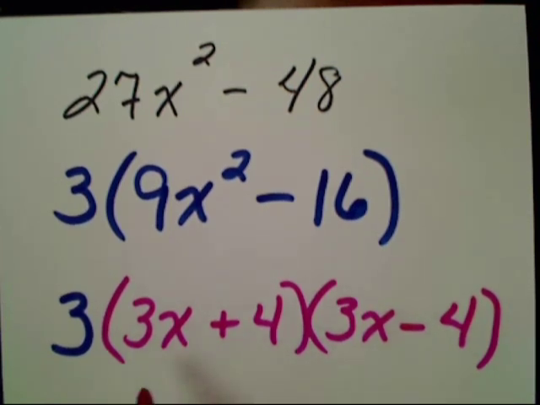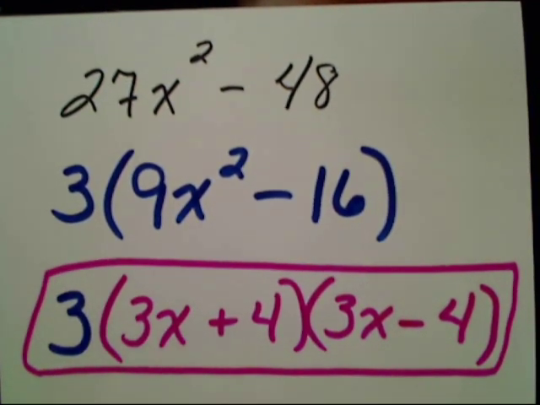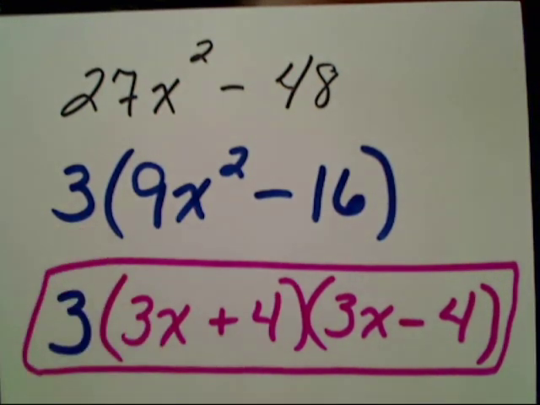Now I can't go any further because these only have x to the first powers, so now I'm done. Don't lose that 3, it's still part of my answer. So when factoring with 2 terms, make sure that you realize that you have the difference of 2 perfect squares, but you might need to look for a greatest common factor first.